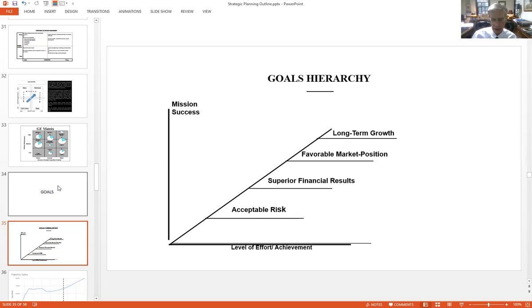Then you can move back up to the next level where you're seeking and placing higher priority on another set of goals. If you've got everything except long-term growth, you could have quite a problem, because that may mean that your industry is near the end of its life cycle.